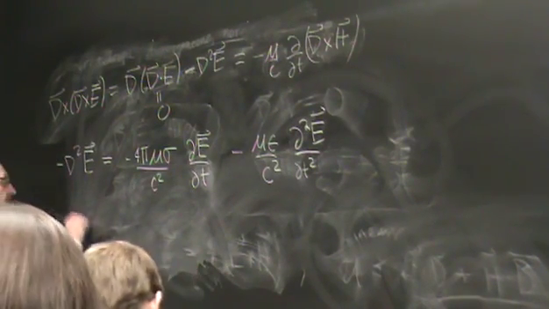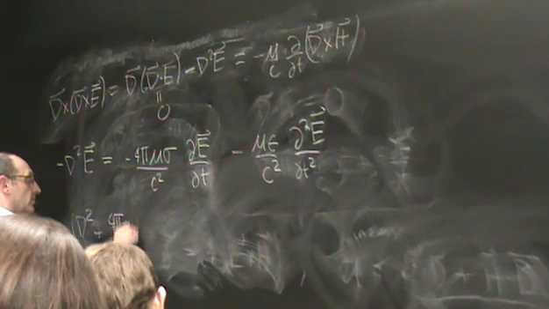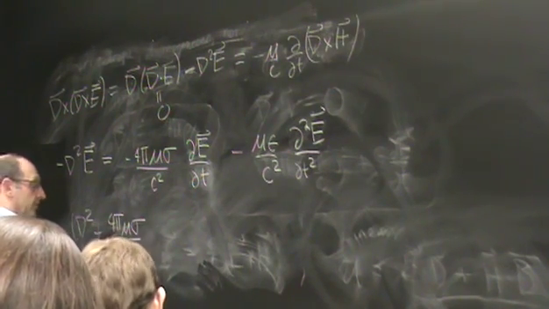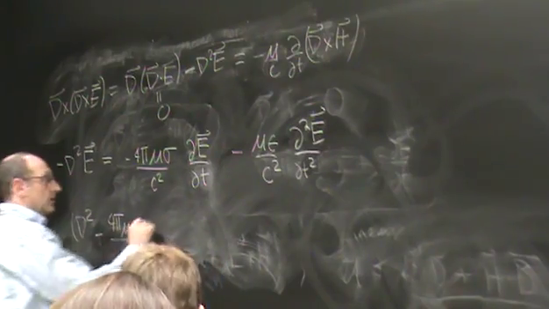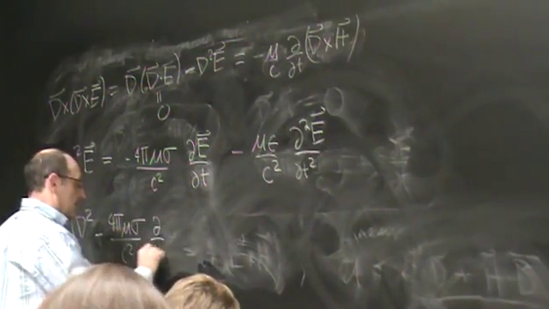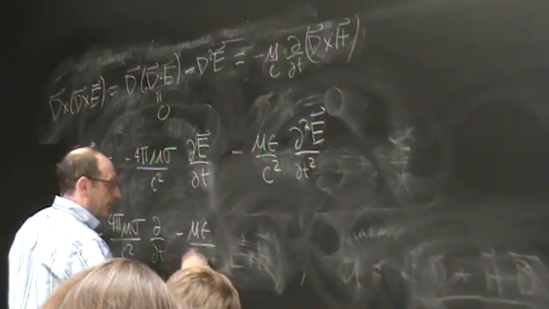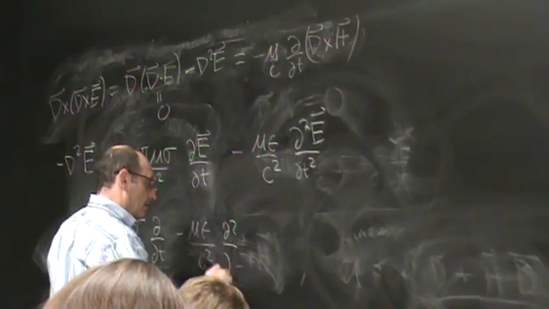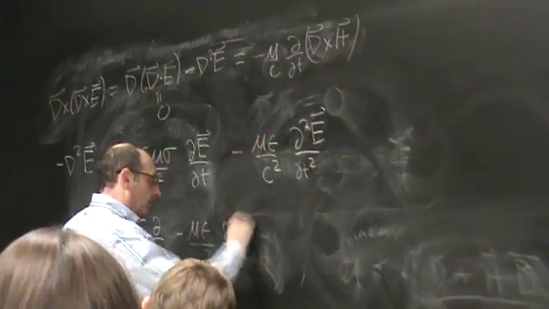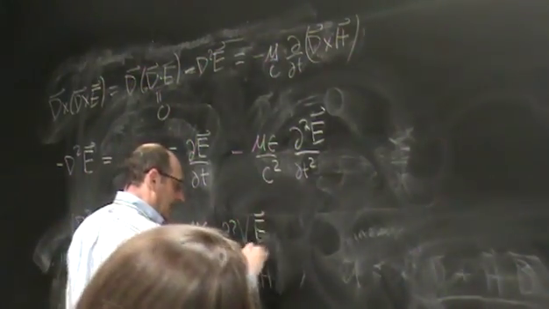So we have del squared plus 4 pi mu sigma over c squared d by dt, minus mu epsilon over c squared d squared by dt squared, acting on the electric field. And similarly, it would be the same thing for the H field.